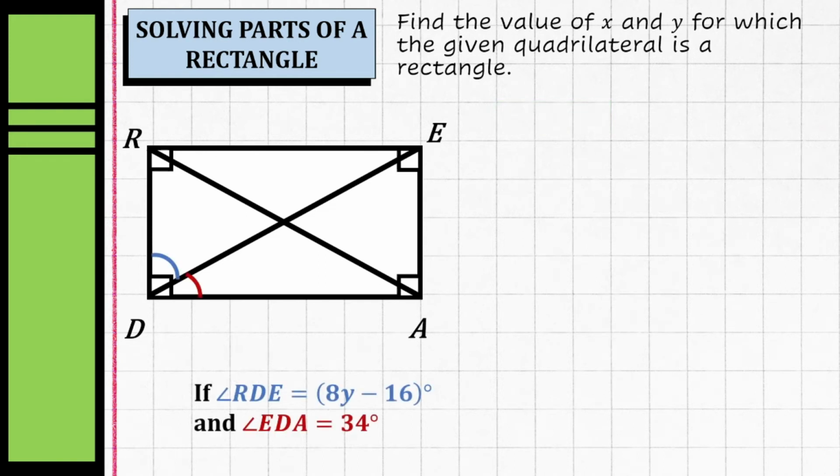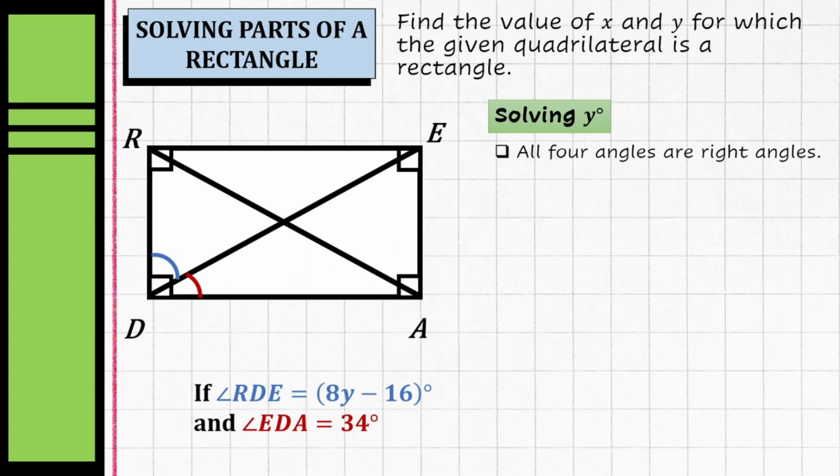Now, let's proceed to another given. If angle RDE is equal to 8y minus 16 degrees and angle EDA is equal to 34 degrees, what will be the value of y? In order for us to solve for the value of y, and we're given portions of our angle RDA, we will use the property that all four angles are right angles.